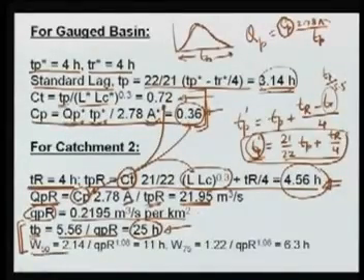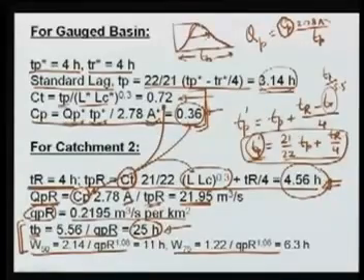There are two other significant values. One is the width at 50% of the peak discharge, and the other is the width at 75% of the peak discharge. The equations given are W50, the width at 50% of the peak discharge, is 2.14 divided by the peak discharge to the power 1.08, which comes out to be 11 hours.